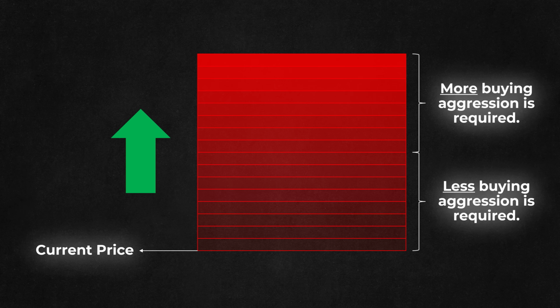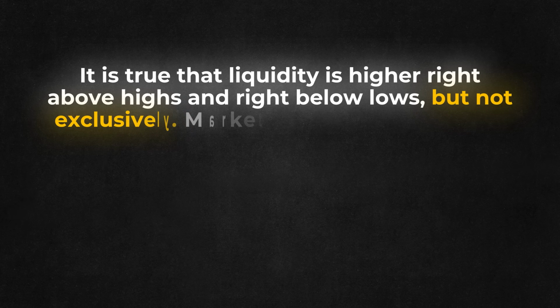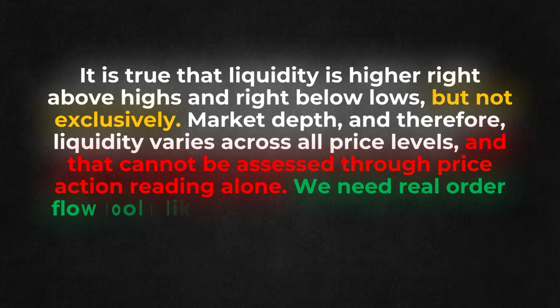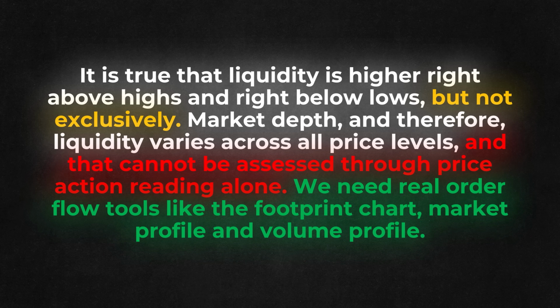It is true that liquidity is higher right above highs and right below lows, but not exclusively. Market depth, and therefore liquidity, varies across all price levels, and that cannot be assessed through price action reading alone. We need real order flow tools like the footprint chart, market profile, and volume profile.